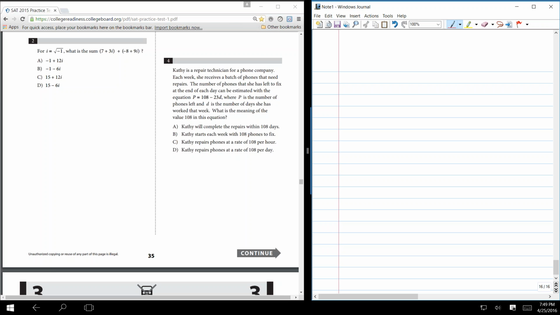Read through each of those four answers. What is the meaning of complete the repairs within? Okay. Each week. Okay. What do you think the answer is?